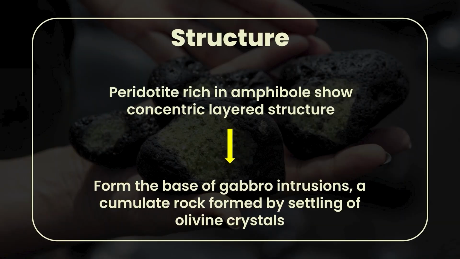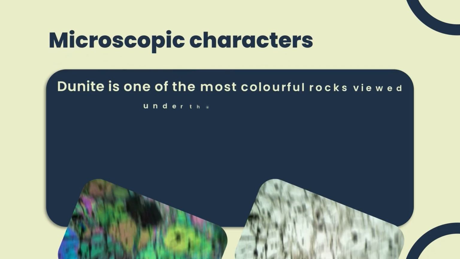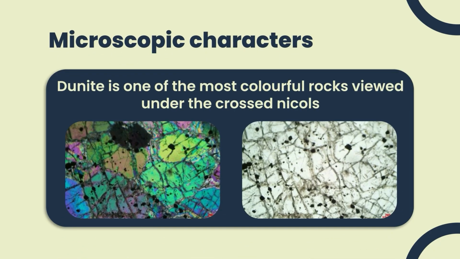Peridotite rich in amphibole shows concentric layered structure. These concentric layered structures form at the base of gabbro intrusions, which is cumulate rock formed by settling of olivine crystals. Here we can see a photomicrograph of monomineralic, olivine-rich dunite. You can see the black and white figure showing a plain polarized light photomicrograph.